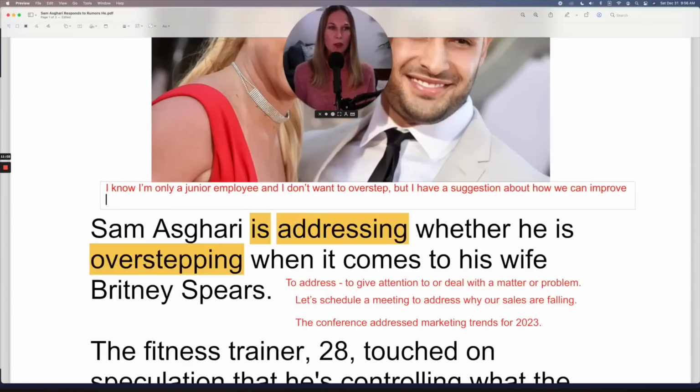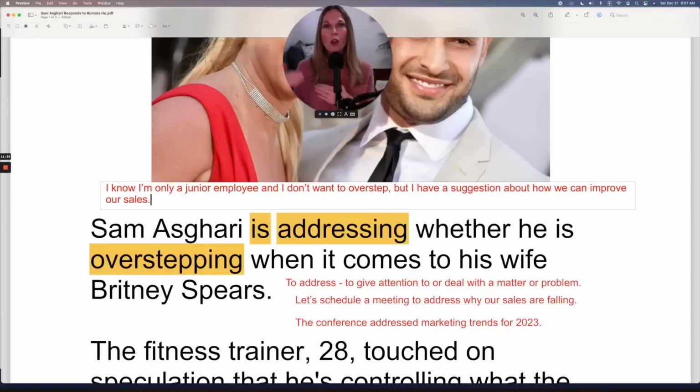can improve our sales. So let's say you're in this meeting, you're a junior employee, you should only really be listening, taking notes, and the executives or the more senior people are discussing this sales issue. But you have an idea, but you might be involving yourself when you have no right to, based on your position within the company.